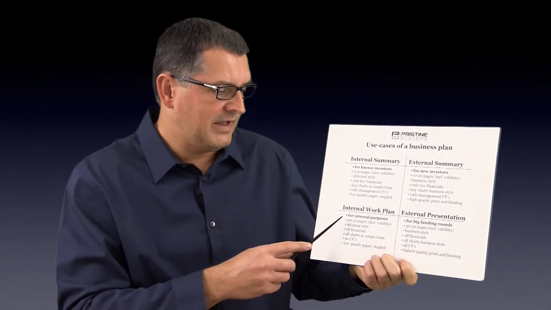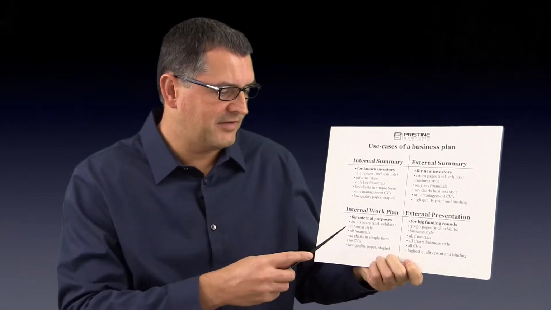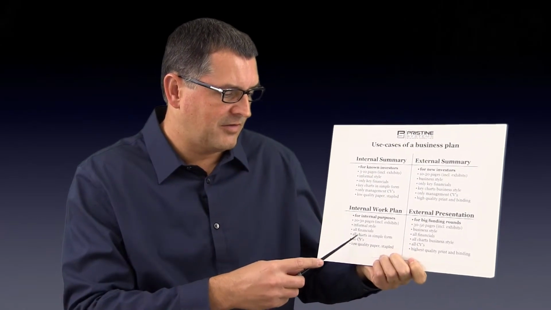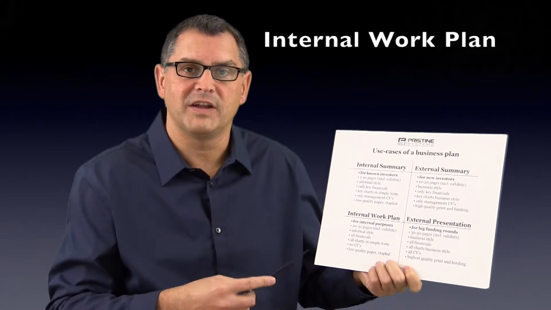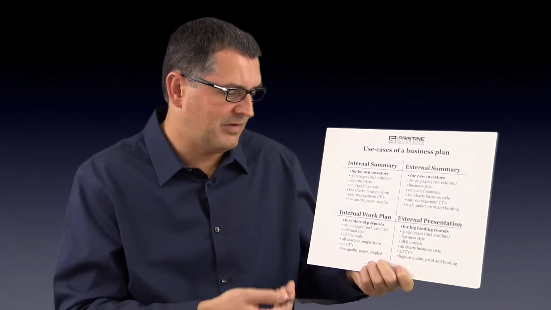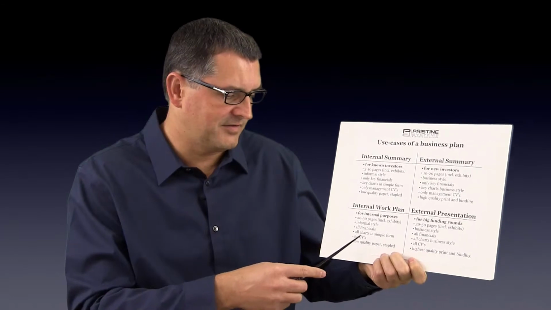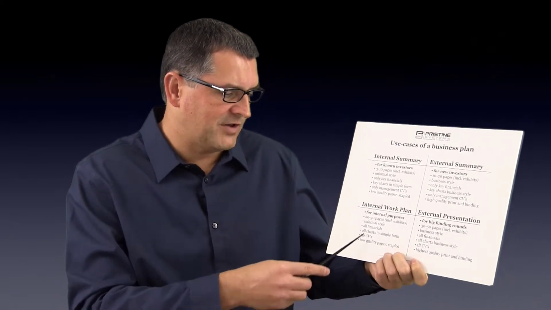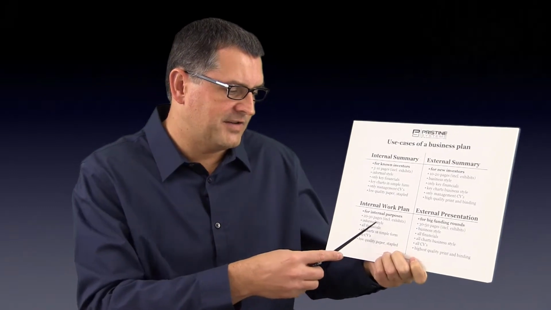So going to the internal work plan compared to the external presentation, and this is exactly the name that I was using for one of my clients. The internal work plan is really focusing on your business from an internal view. So how do you go about the next financial goals and so forth. It's 20 to 30 pages, including exhibits.